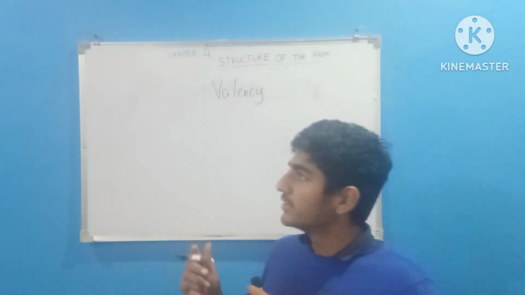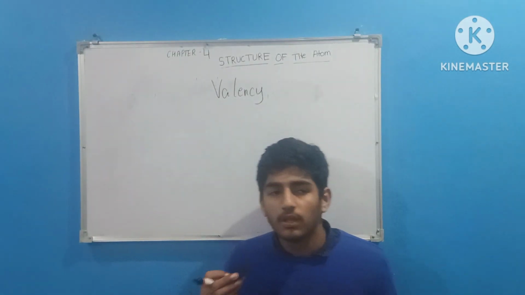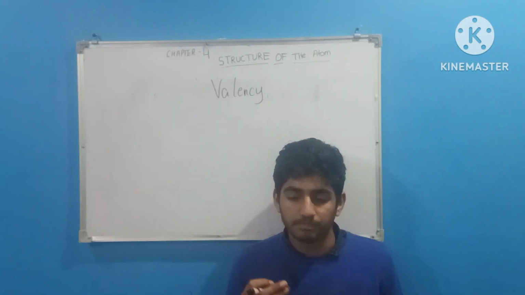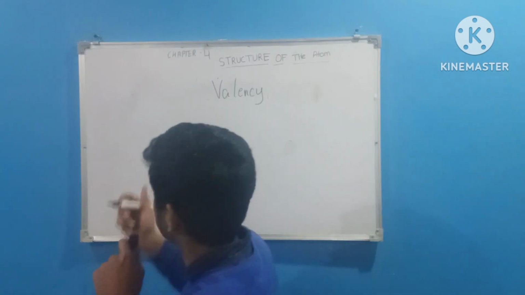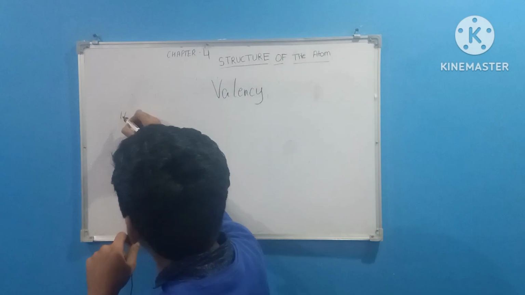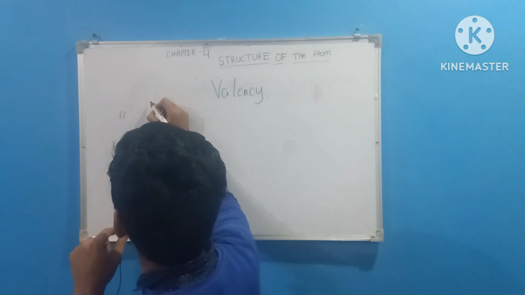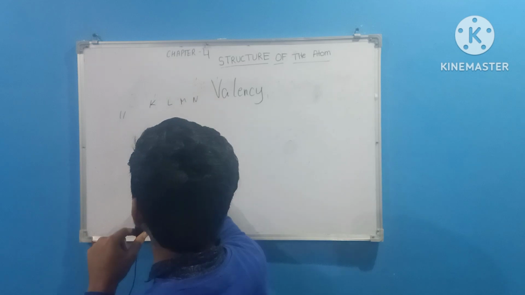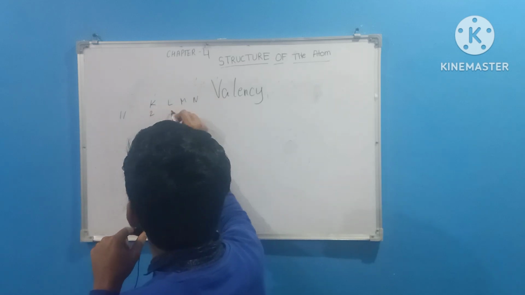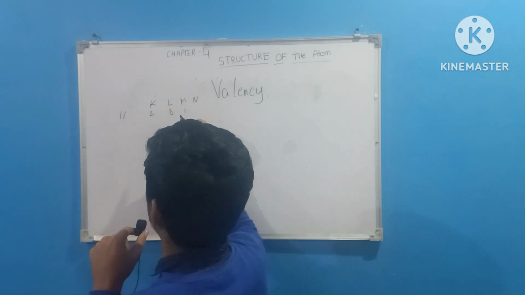So I will revise again. Let's suppose the valency of sodium. Sodium's atomic number is 11. So the K shell has 2, then L, M, N: 2, 8 and 1.